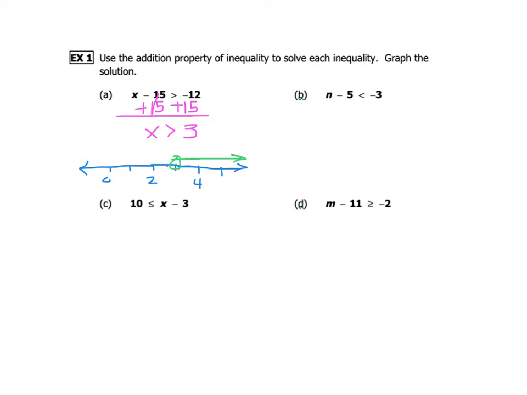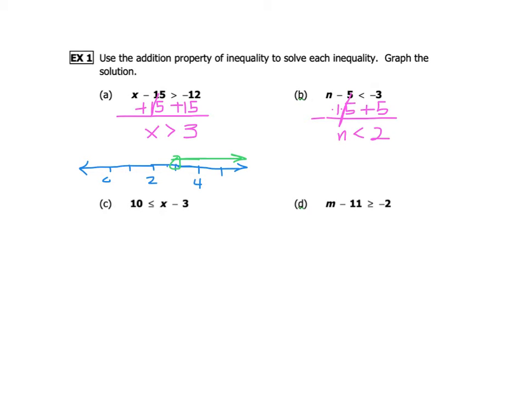In our next example, we've got n minus 5 is less than negative 3. And just like we would when we were solving equations, we're going to add 5 to both sides. The minus 5 and plus 5 cancel, and we bring down n is less than negative 3 plus 5 gives us 2.